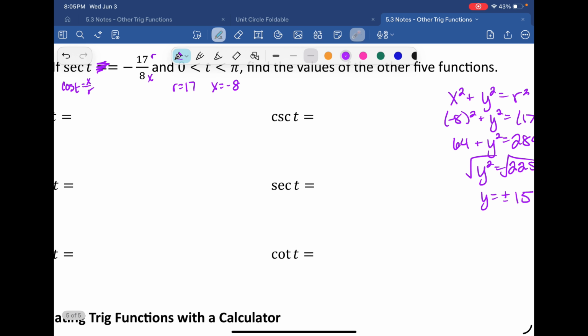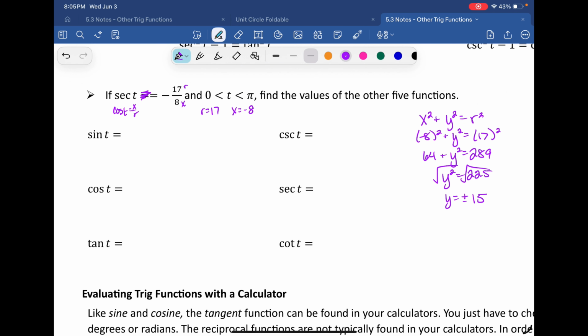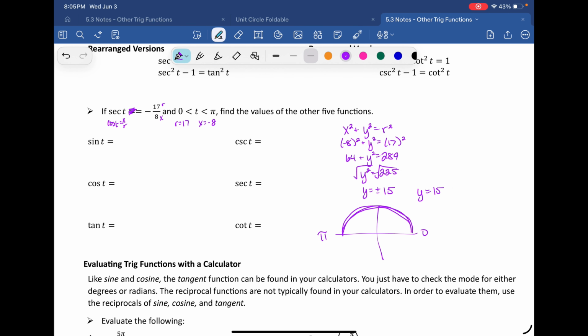Well, that goes back into the second piece of information. It says t is between 0 and pi. 0 is here, pi is there, and it says t is somewhere between them. So I'm somewhere up here, which means the y is positive 15. All right, I've got everything I need now.